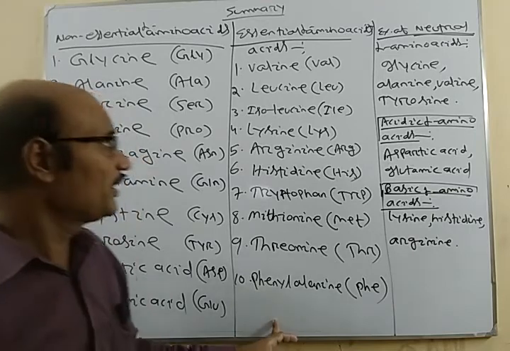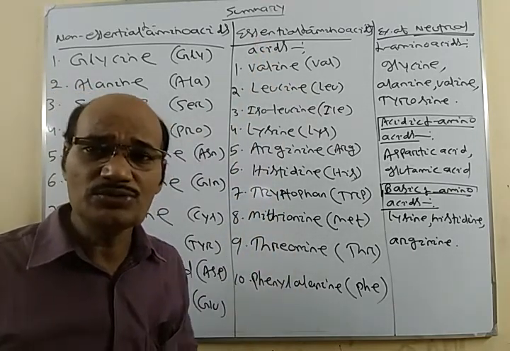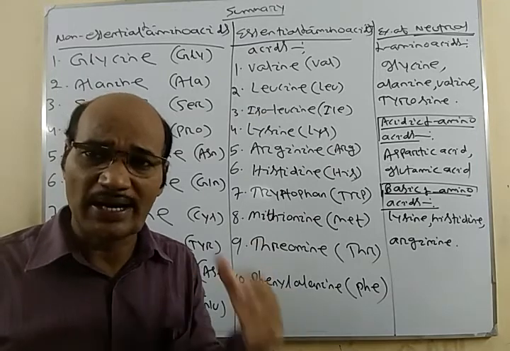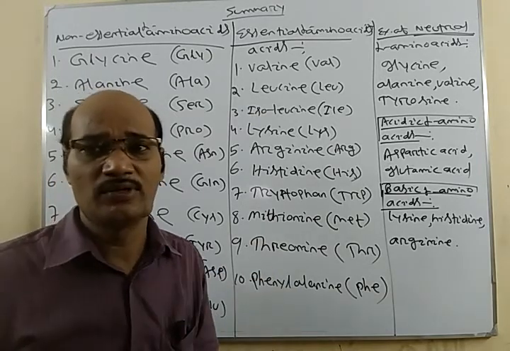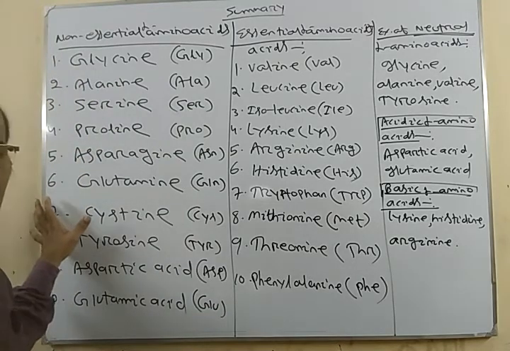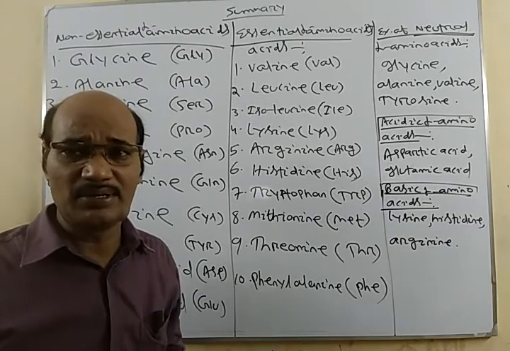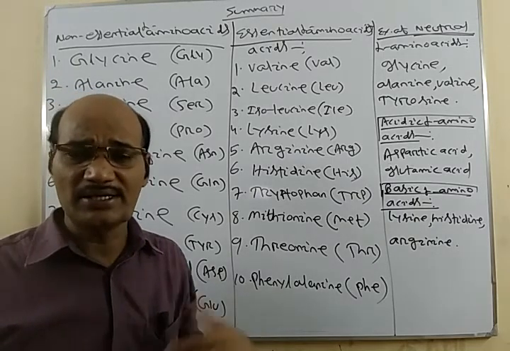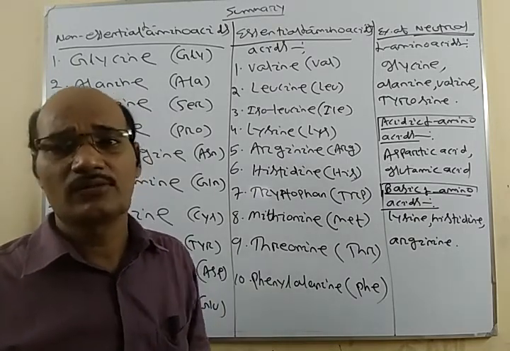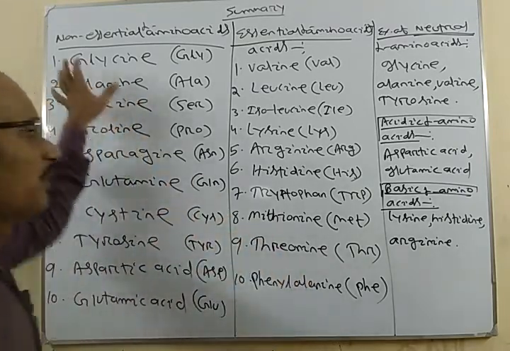Essential alpha amino acids are those which we have to supply in the diet as extra food material. The non-essential alpha amino acids are those which we are not supplying as extra diet material. Whatever diet we are taking, from that diet our tissues synthesize these alpha amino acids.